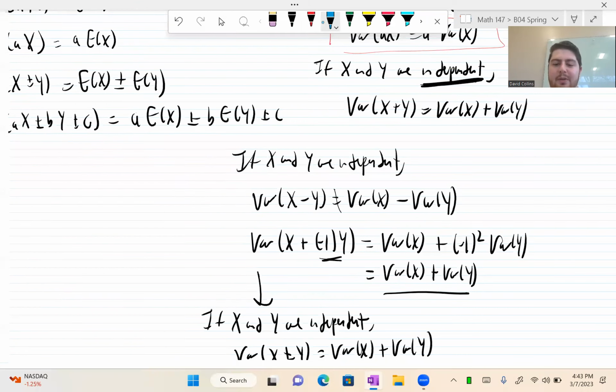Right over here. So anytime it's a negative number, if it's -2, that becomes +4, because it's a negative number squared. Everyone go with these rules?